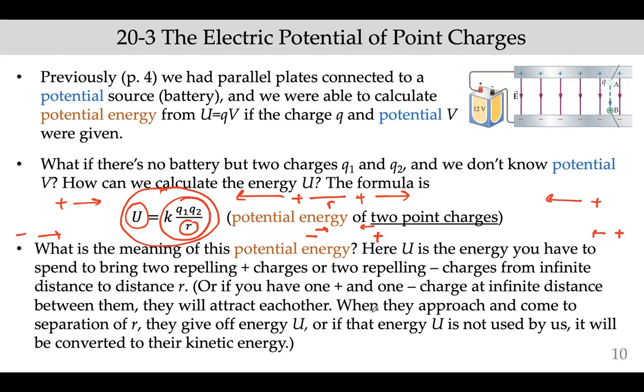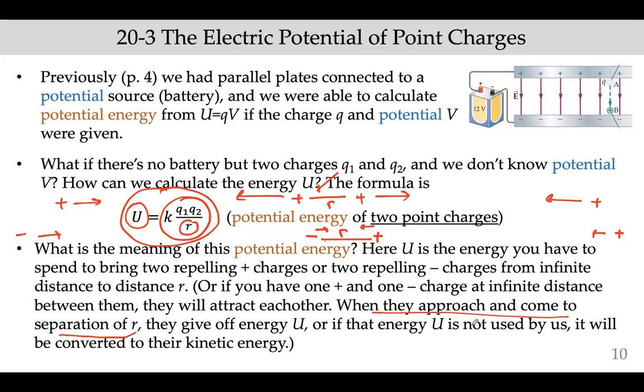Now, when they approach and come to a separation of r, then they give off energy U. In the same-charge case, we would give them energy to make them close, but in this case, they get closer naturally, so they give out energy.